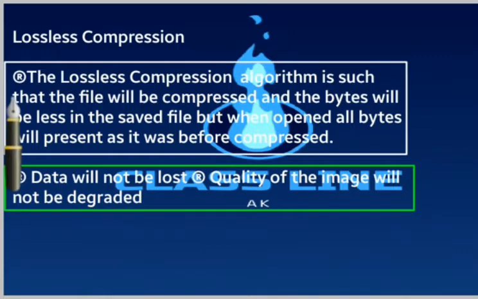Its quality will be the same as before, but our files are saved small in size. So this is one of the very best file compressions.